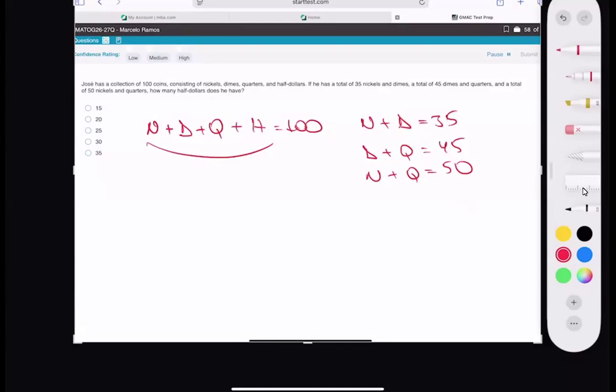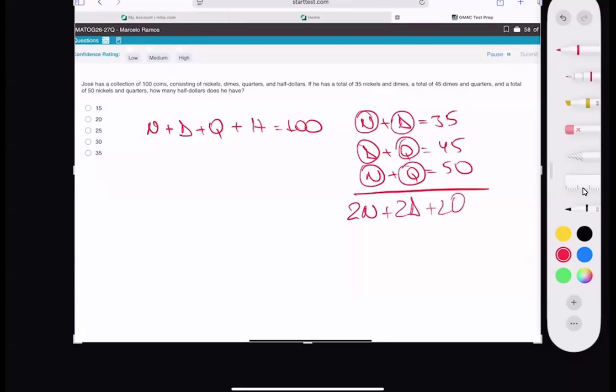So instead of trying to substitute, isolate, and so on, I have a better idea. Sum everybody. N plus N is 2N, D plus D is 2D, Q plus Q is 2Q. And 35 plus 45 plus 50 is 130.